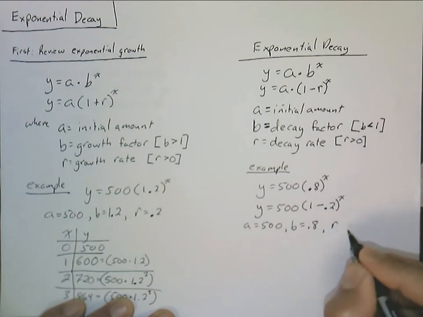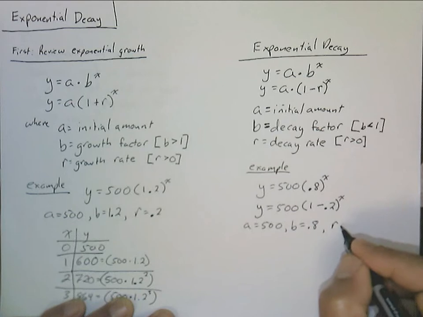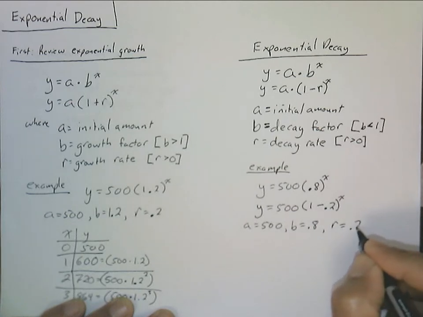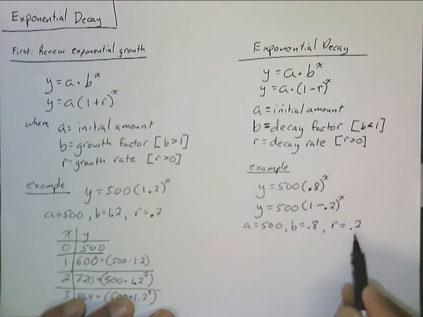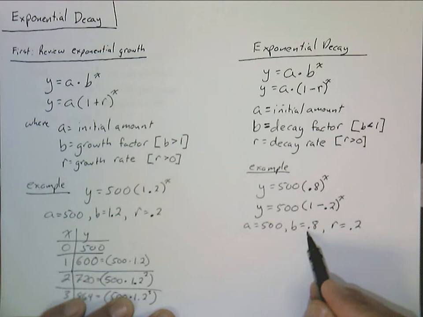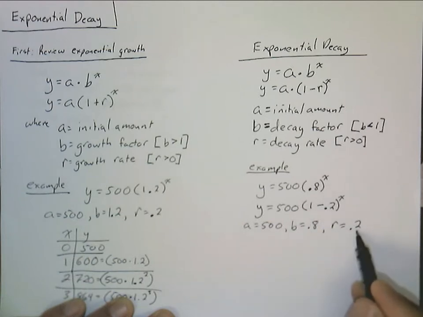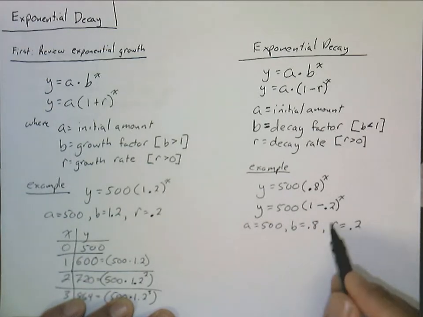And r, the decay rate, is going to be 0.2, or 20%. Initial value is 500. The decay factor is 0.8. The decay rate is 0.2. We're keeping 80% looking at it with b, or we're losing 20% by looking at it with r.